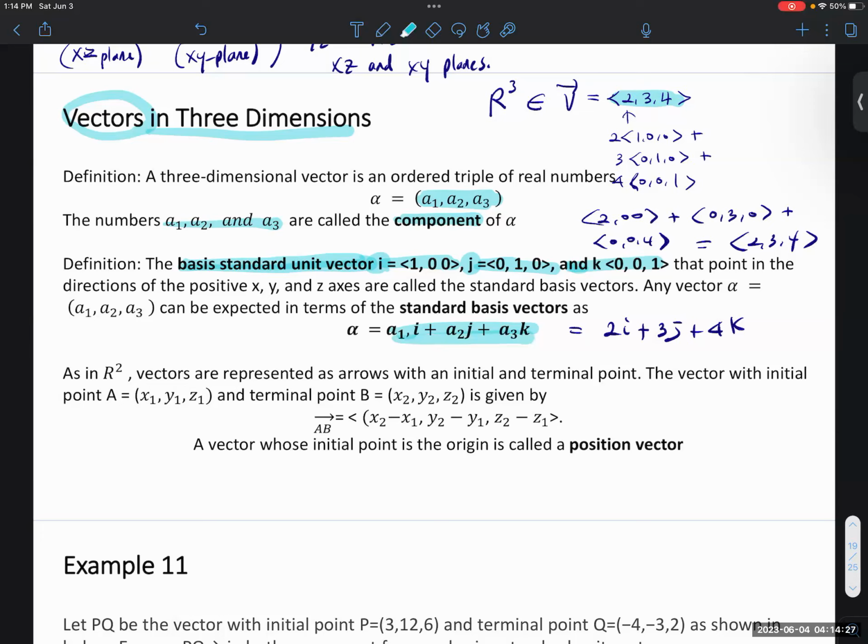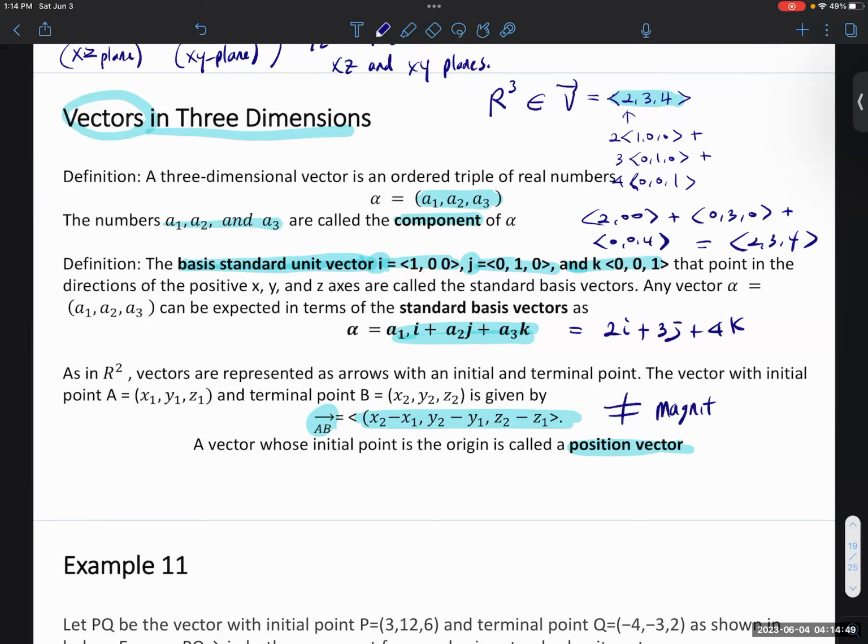Same thing. Okay, again, we already talked about how you can find the length and the distance. The AB vector is going to be subtracting each difference, and the position vector is 0, 0, 0. Just remember, this is not equal to magnitude.